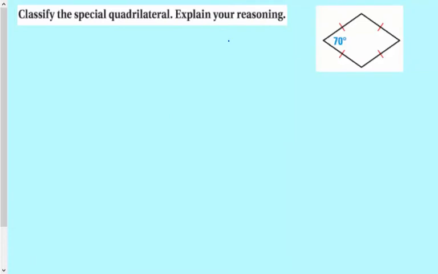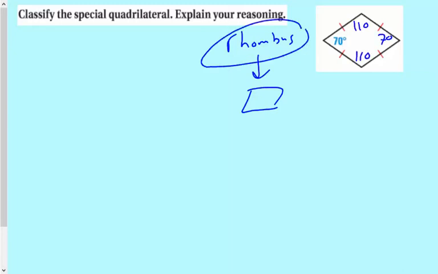So I know that it for sure has to be a rhombus because it has 4 congruent sides. And it says it's a rhombus, that makes it a parallelogram. And that makes that 110 degrees. That makes that 70. And that makes this 110. So it can only be a rhombus. It can't be anything else. So you're going to be using reasoning skills like that.